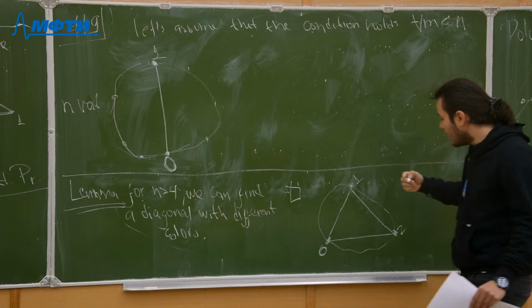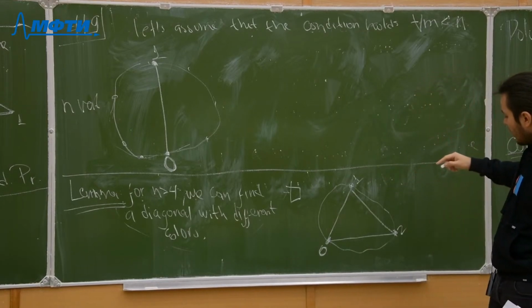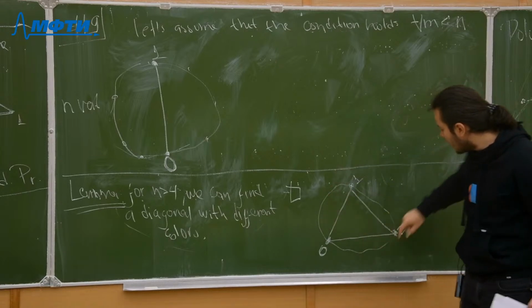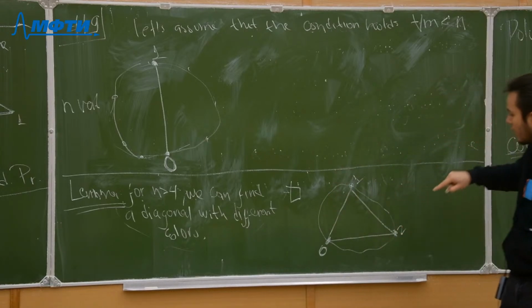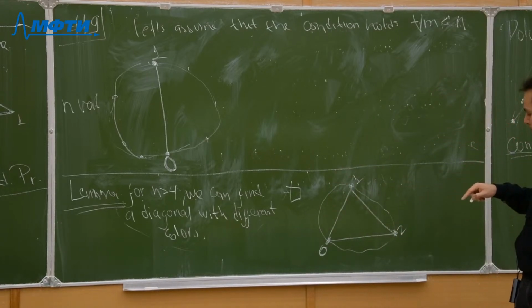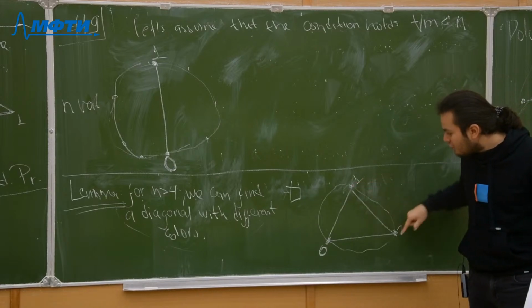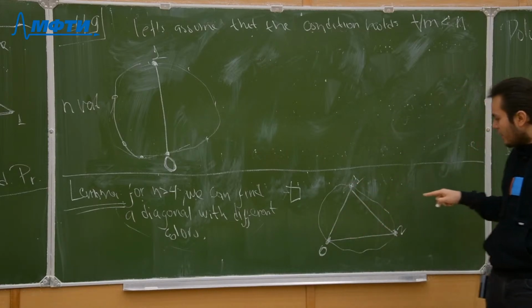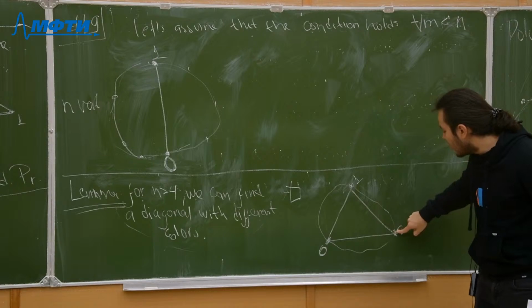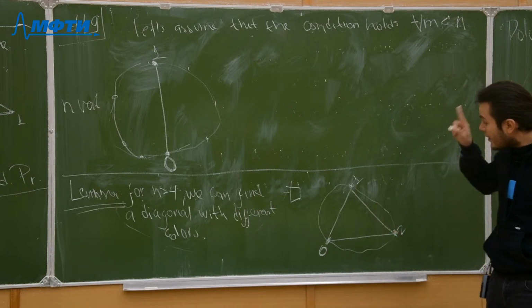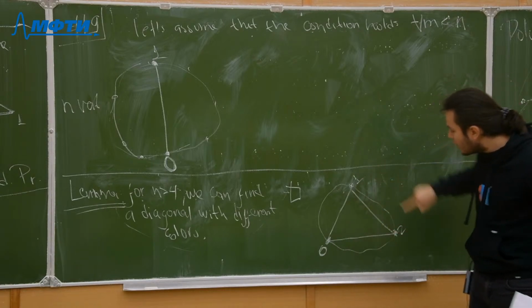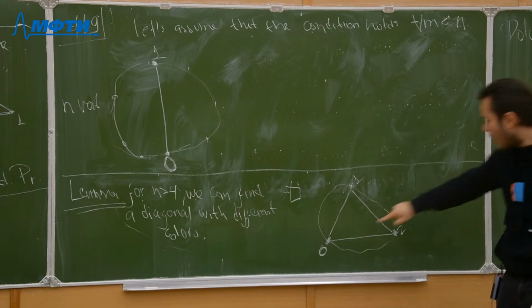It means that if I have this polygon here, since I know that all 3 colors are present, then I can draw this triangle here, right? Because I know that colors 0, 1, and 2 are present. So I can draw this triangle.